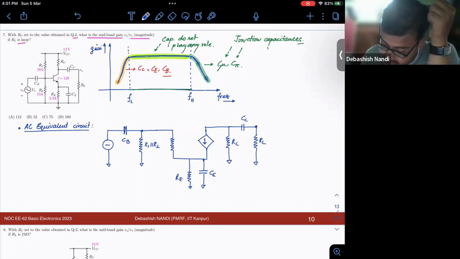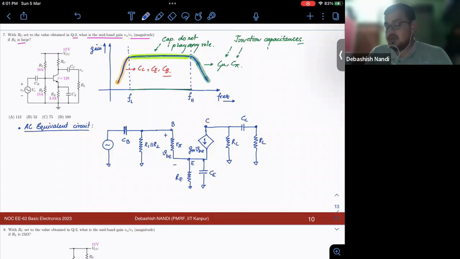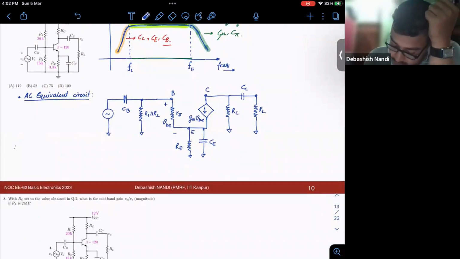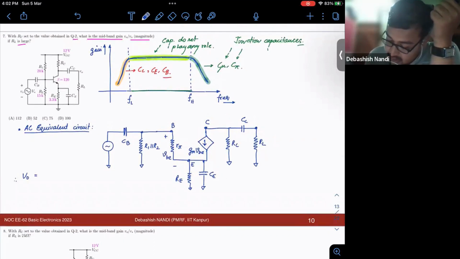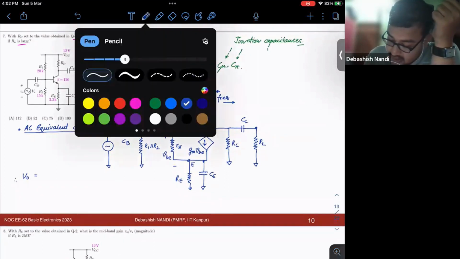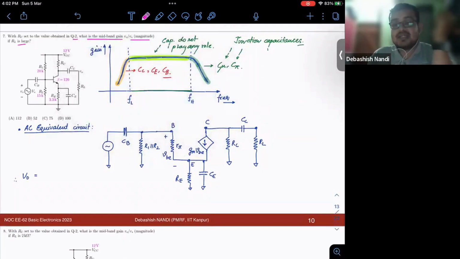So you have this R pi. This is your gm VBE. This is your B, this is C, this is E, and this is your VBE. So how do you calculate your gain? Now let's say your frequency range is such that your capacitances are acting as a short.